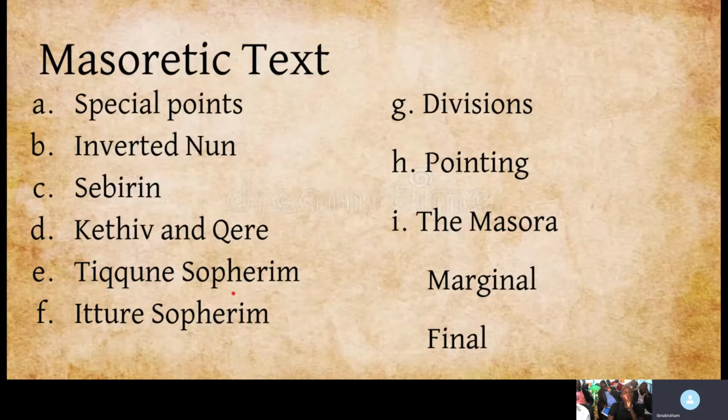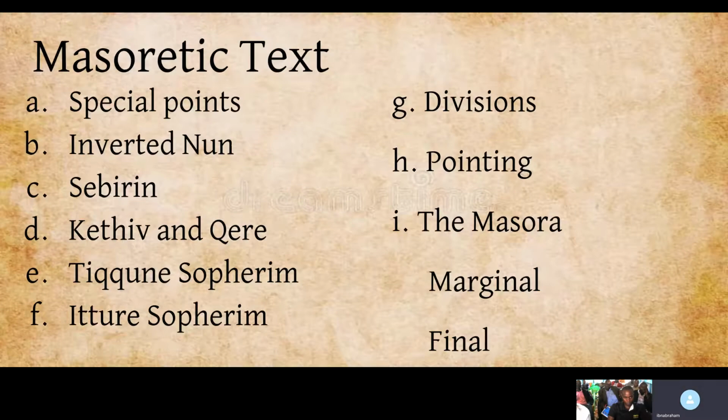The fifth feature of the Masoretic text is something called tikkunei soferim. These are called the scribal corrections. One place where this takes place is in the book of Job. And you're aware of Job's wife who says, "Curse God and die."